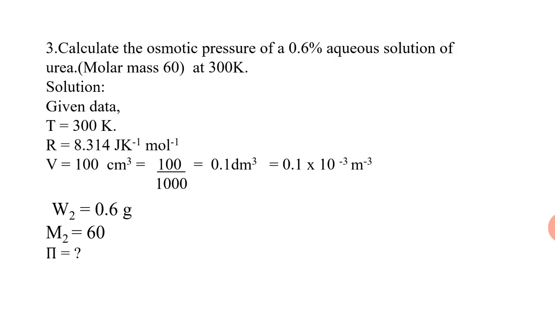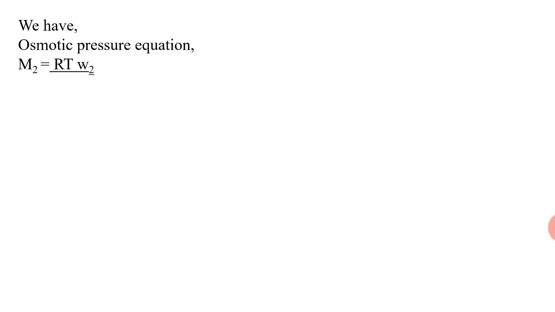We have to calculate pi. We have the osmotic pressure equation, that is M2 is equal to RT into W2 divided by V pi. Rearranging the above equation, pi goes to the left hand side and M2 comes to the right hand side.